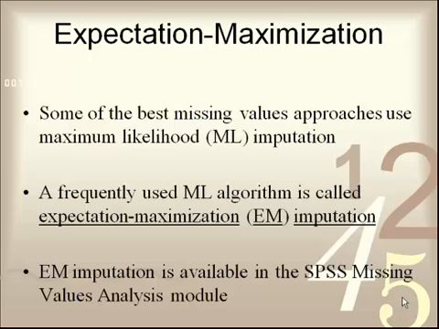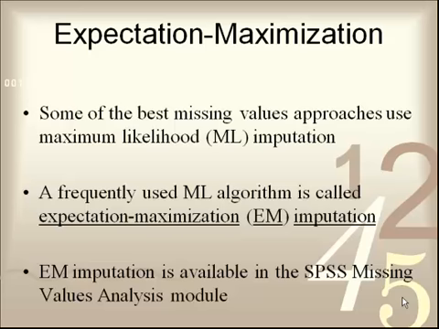If you're looking in your reviews, it might be referred to as the ML algorithm or called the expectation maximization imputation. That is a really great phrase there. So we'll title it EM for short.